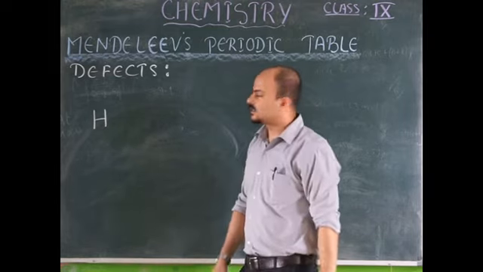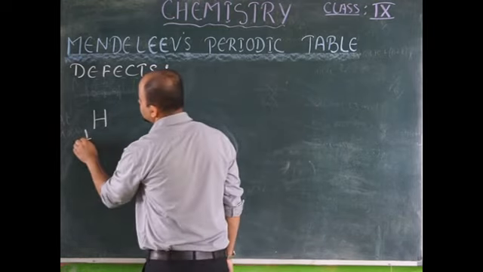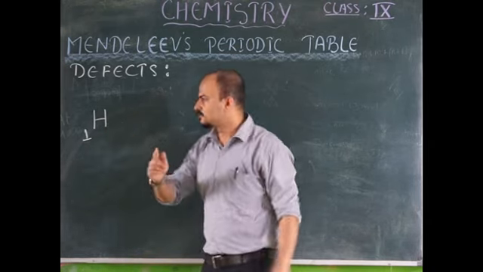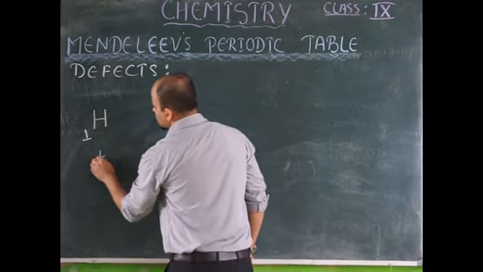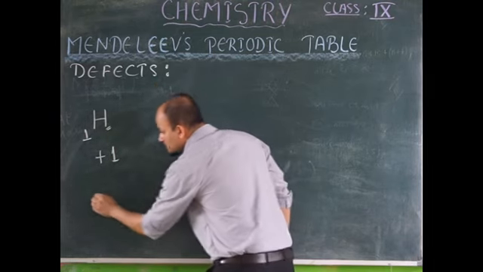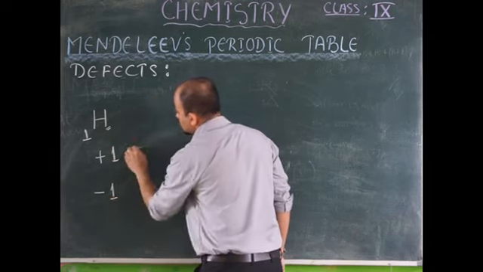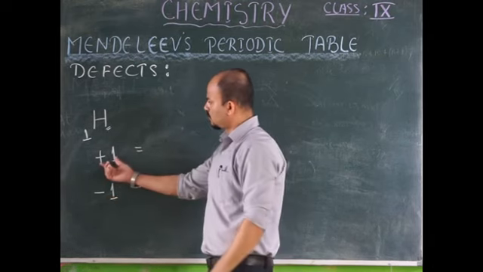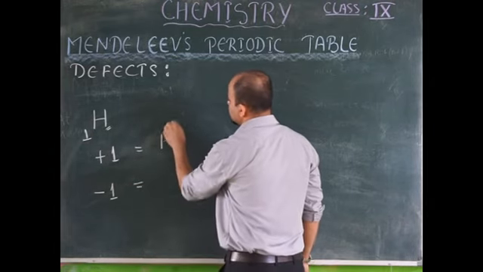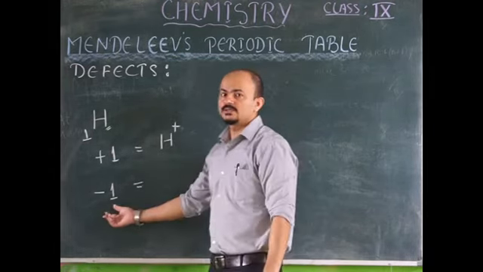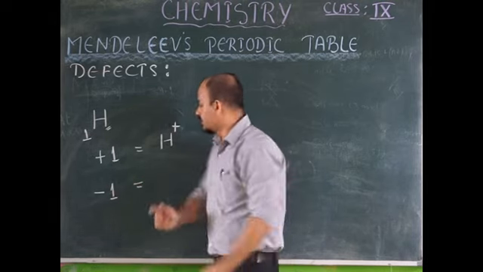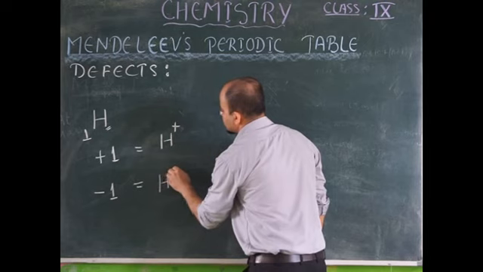Hydrogen's atomic number is 1, and therefore it can show a valency of +1, and it can also show a valency of -1. +1 is when it loses 1 electron and gets converted into H+. -1 means when it gains 1 electron, then it becomes H-.